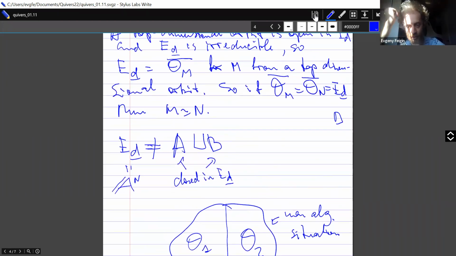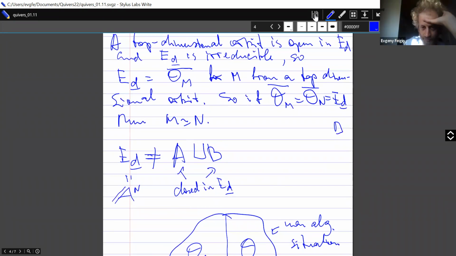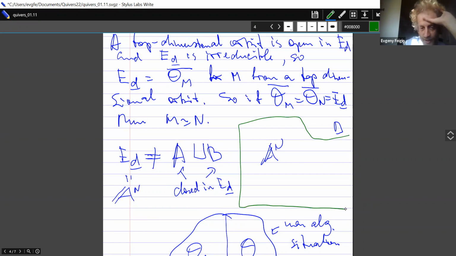So the question is as follows. Suppose you have an affine space, AN, and inside you have a subspace, say O. And you know that O is cut out inside AN by some algebraic conditions, something like determinant is non-zero.